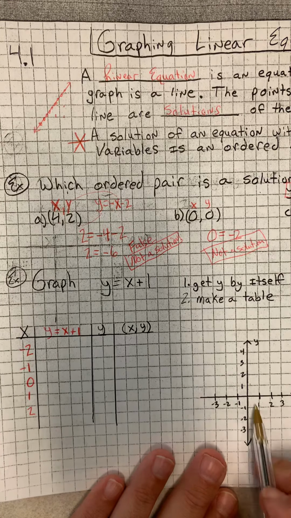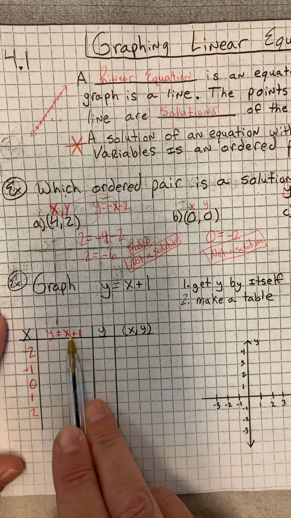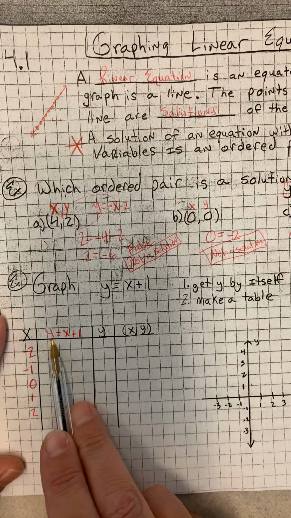So if I have x's, I can certainly get y's. Here's what the value of x is. I'm going to simply take that x, substitute it into my equation or my function here, and then I can get a value for y. That x and whatever y I get is my ordered pair.